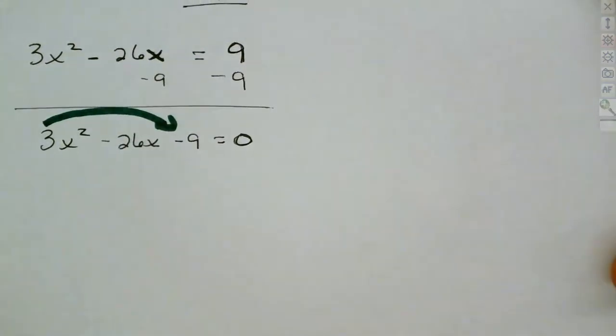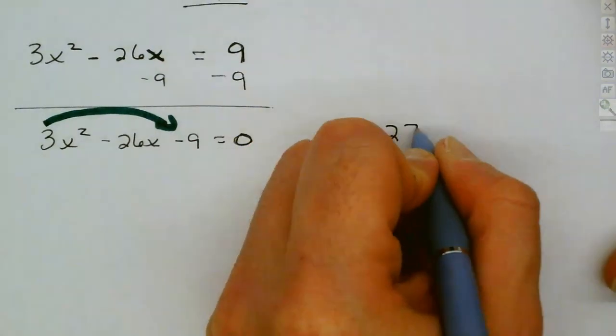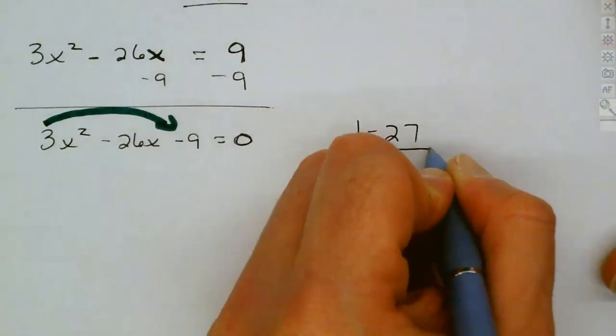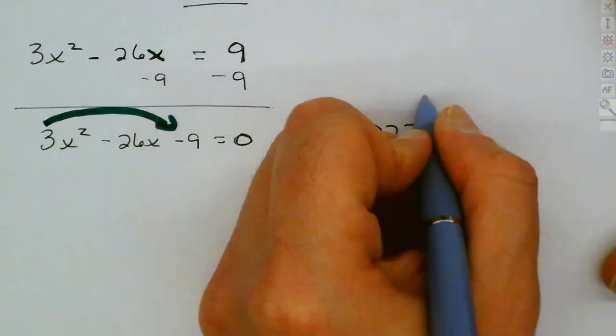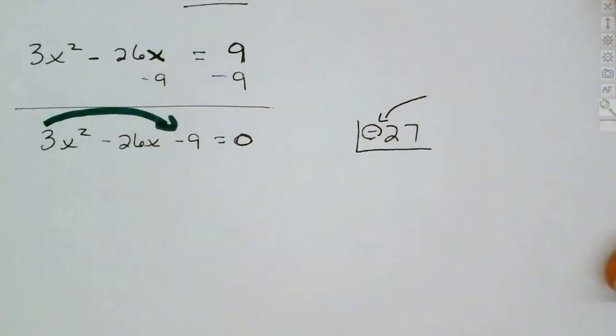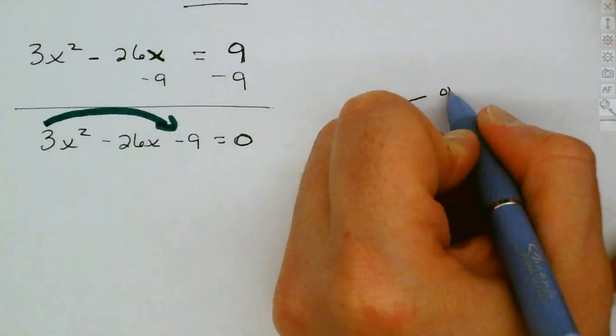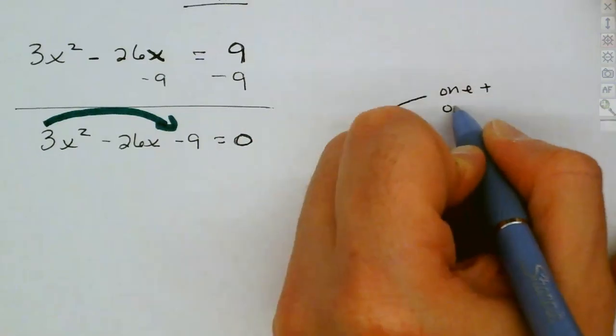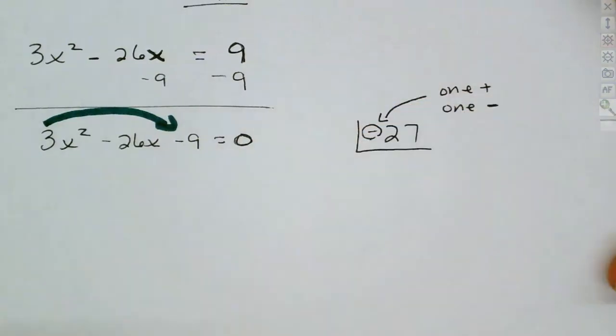First times the last is a negative 27. And we haven't really seen this yet. It's a negative 27, so that means one number is positive, one number is negative.